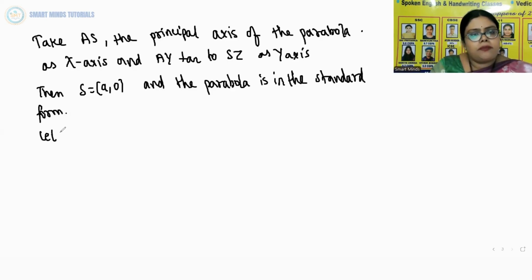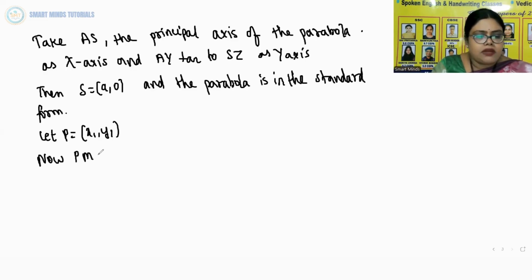So let us say P is equal to x1, y1. Now you look at the figure, PM is equal to NZ, right? And that is equal to AN plus AZ. So AN is x1 and AZ is a.